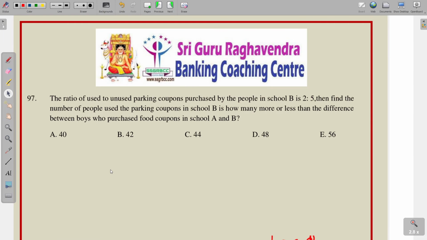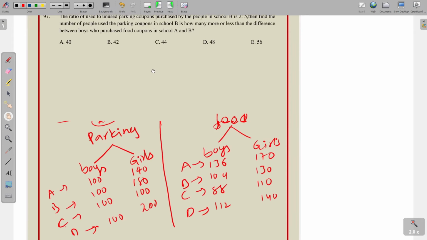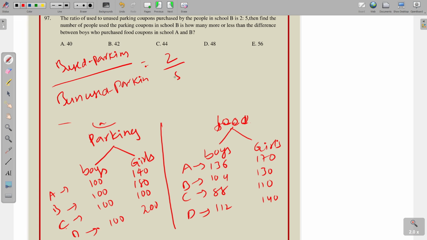Next one. The ratio of used parking coupons by B to unused parking equal to 2 by 5.